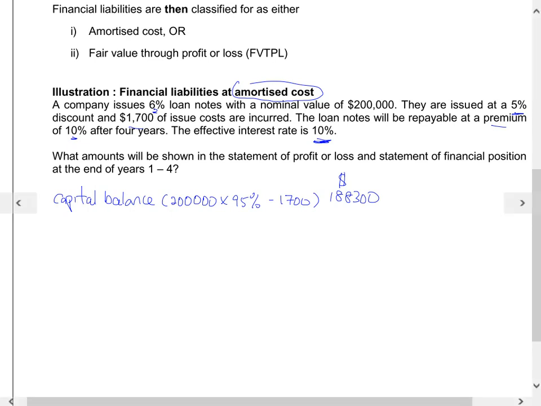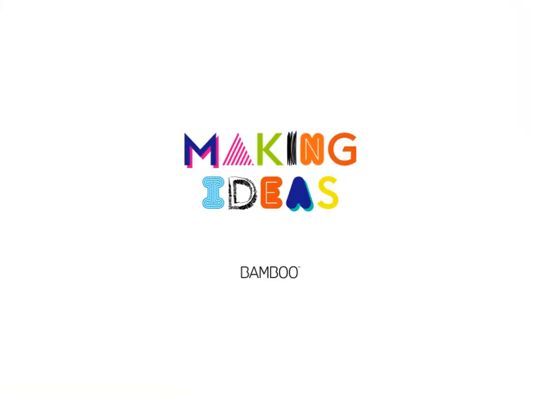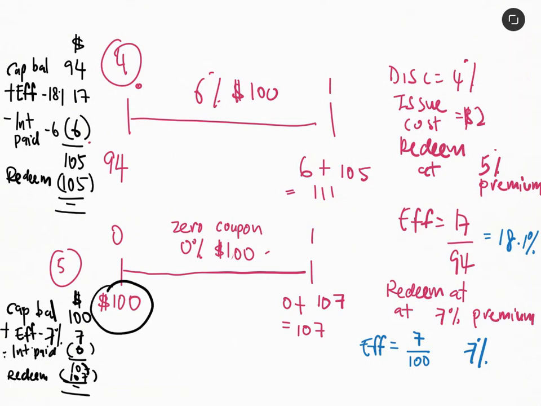So the second year I'll still pay same percentage, 6% of 200,000, the nominal 12,000. So what is the balance at the end in the second year? 202,643. This is second year.